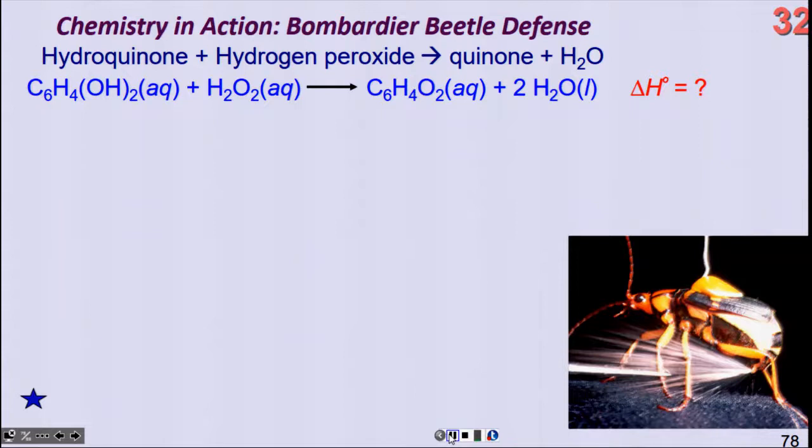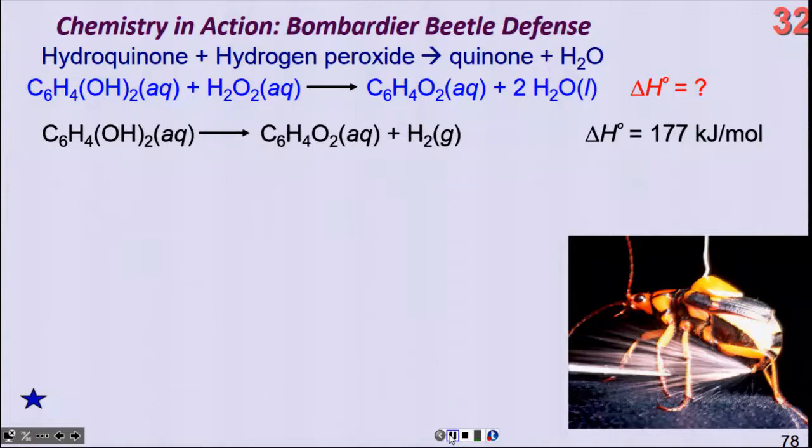The balanced equation results in having water as a product. We want to figure out the heat of that reaction. So what would we do? We have to know some heats of other processes. We can combine these and come up with an overall heat change. So the hydroquinone reaction first, in water, can be found to have a reaction that creates the quinone plus hydrogen, and there's a delta H provided for that reaction.